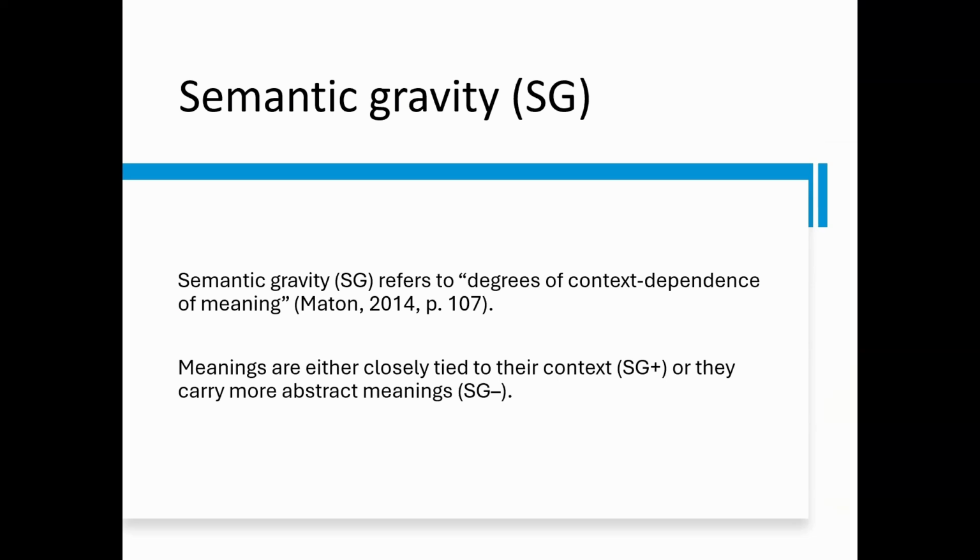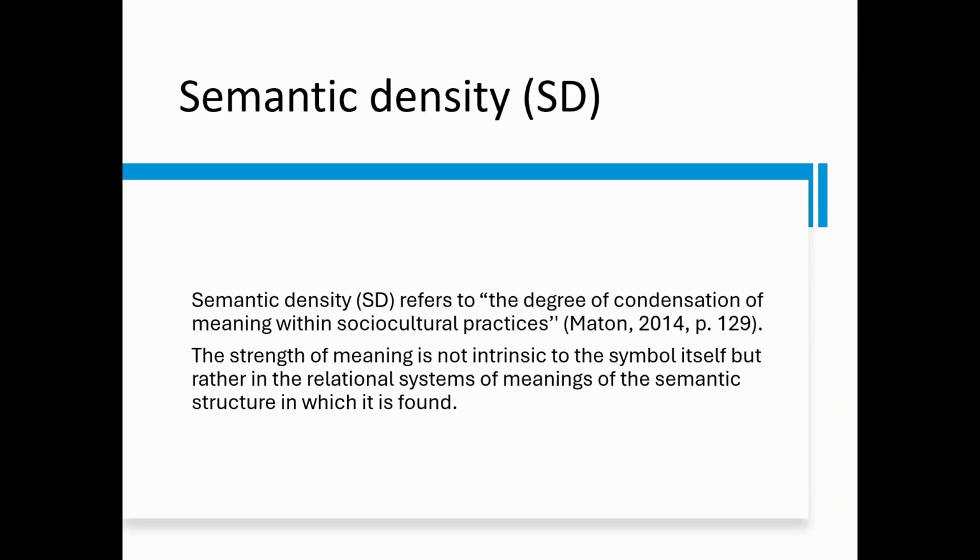So semantic gravity, the degree of context dependence of meaning, meanings either closely tied to their context or carrying more abstract meanings, and then semantic density, the degree of condensation of meaning. And I use this to analyze the classroom discourse.